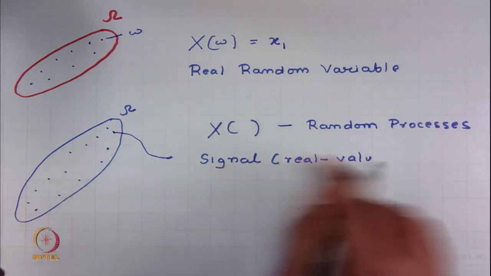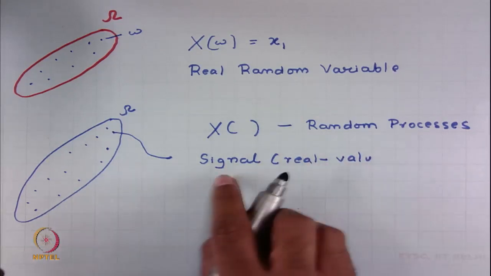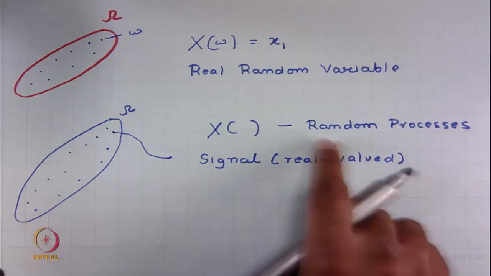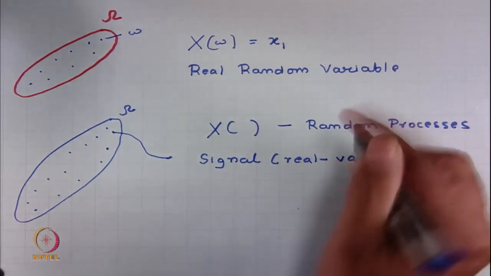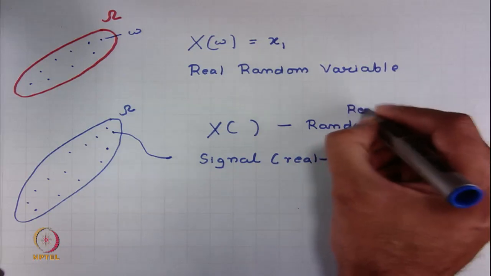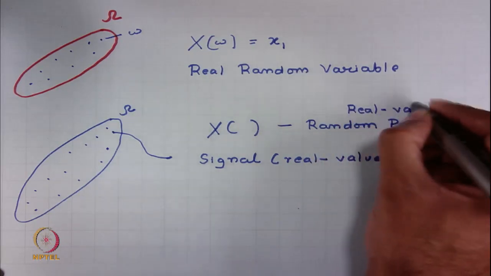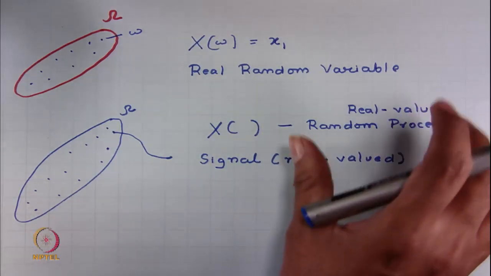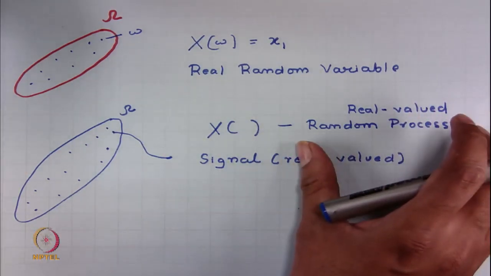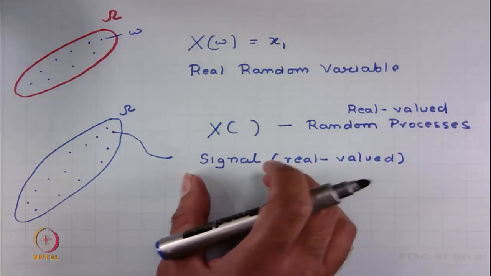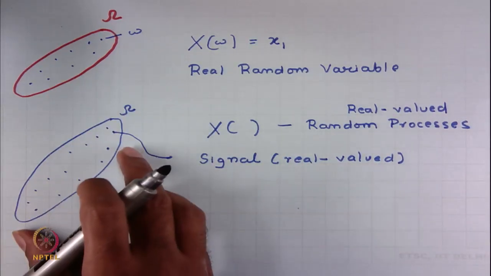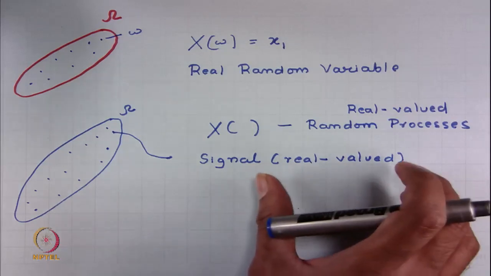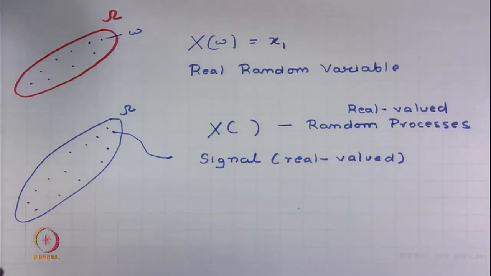For most of the discussion we will assume the signals to be real valued, and thus these random processes can also be called real valued random processes. We will focus our attention on real valued random processes, where the signals to which the outcomes of an experiment are mapped are also real valued. So, we will always assume real valued random processes.